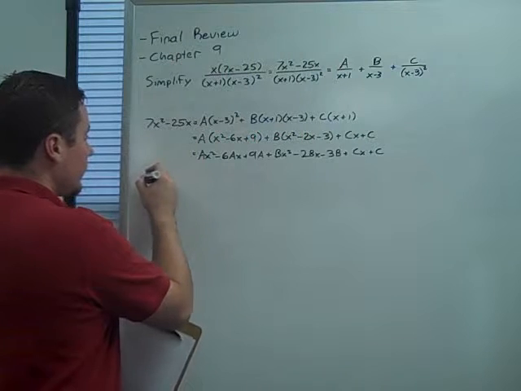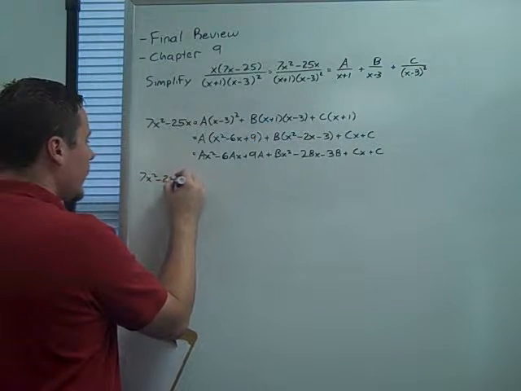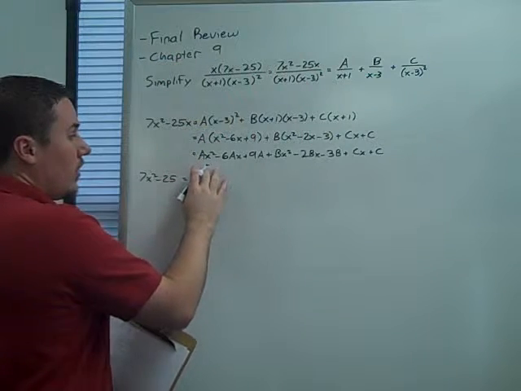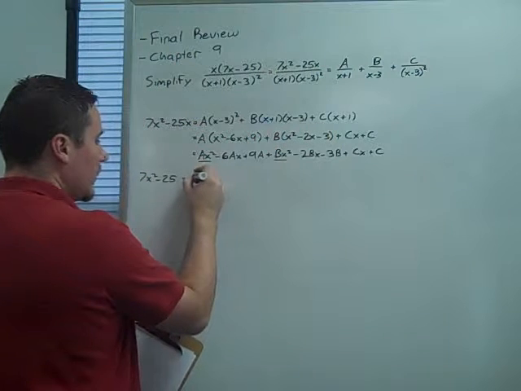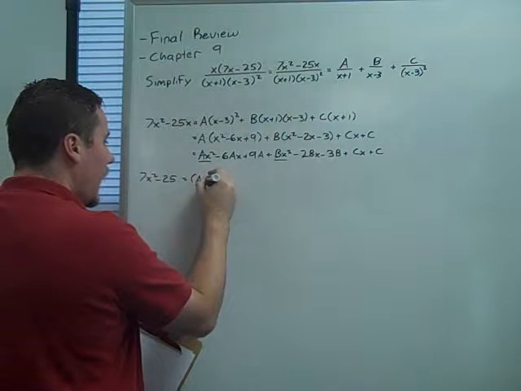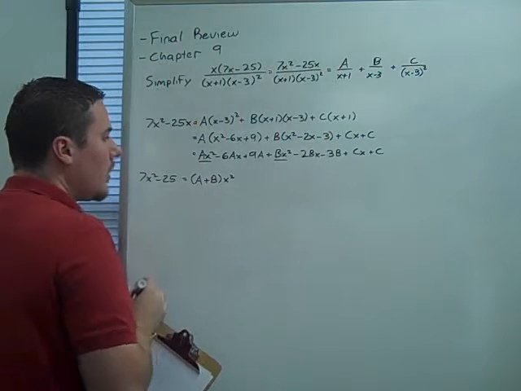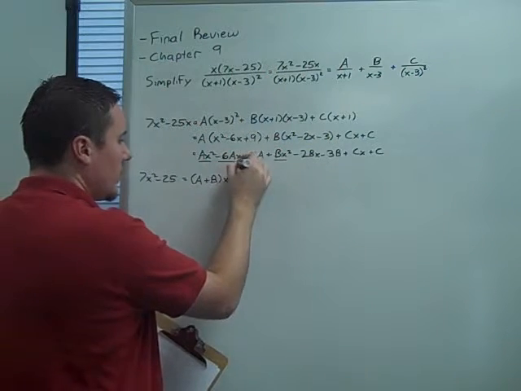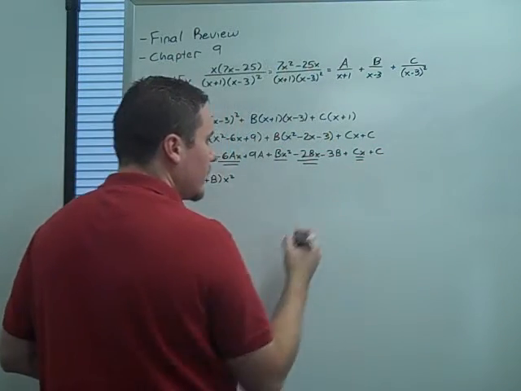Now I'm going to group these by degree. So I'm going to copy this down because I'm finally going to use it. 7x squared minus 25x. Now, all of my x squared terms. There's an x squared, there's an x squared. So I really have a plus b times x squared. All of my linear terms. There's one there, there's one there, there's one there.